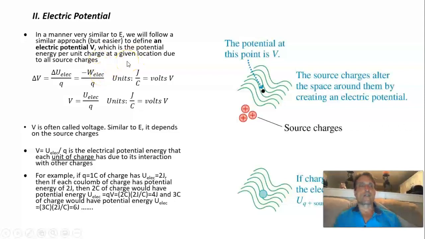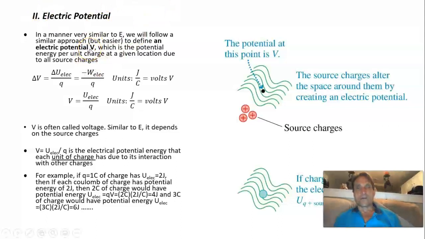Just like the electric field was the force per unit charge due to all the source charges, this electric potential V is the electric potential energy per unit charge exerted on our little positive probe charge due to all of the other source charges. And we define that with the symbol V.